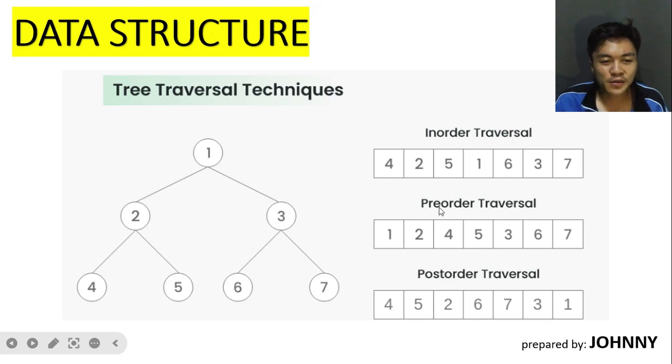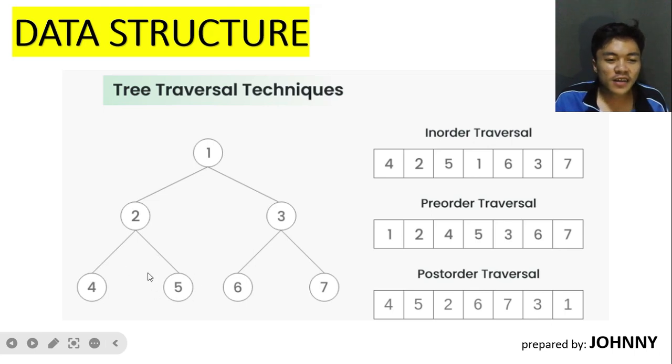The pre-order is root, left, right. Okay, and in pre-order it's root, left, and then left again, because as long as there are left sides that can be seen, it would always prioritize it because of the order.